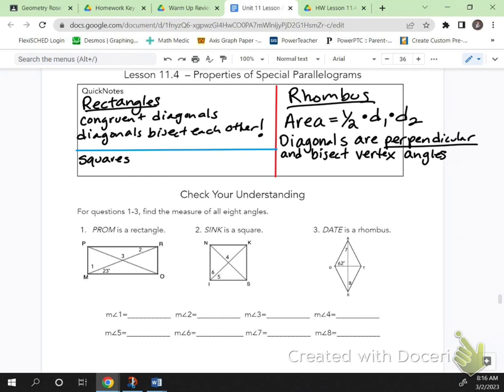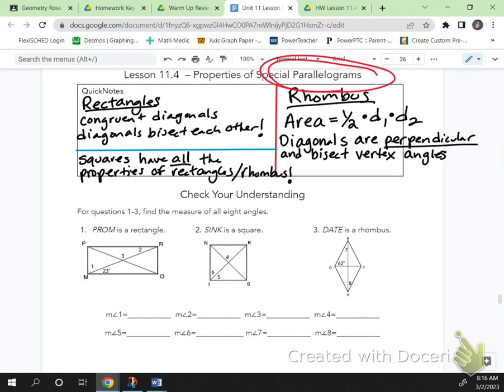Squares have all the properties of rectangles and rhombus. Because that one's 23, angle 2 is an alternate interior equal to that, so they're the same.